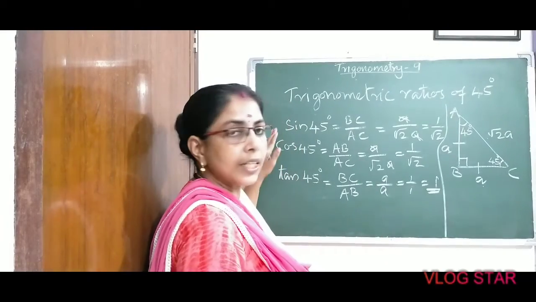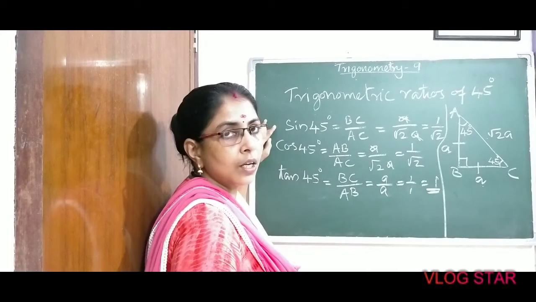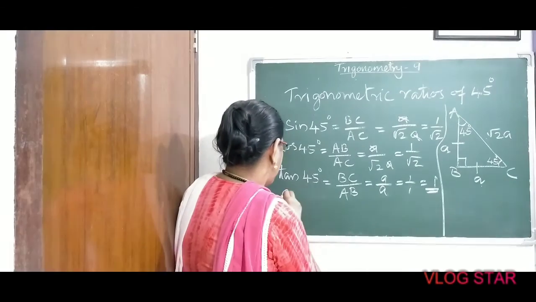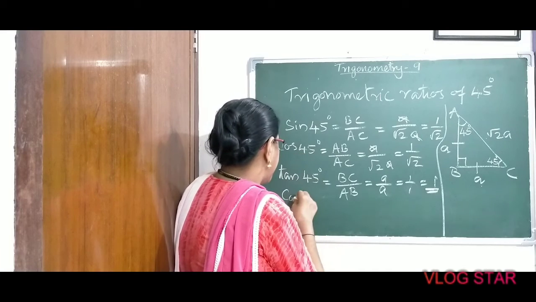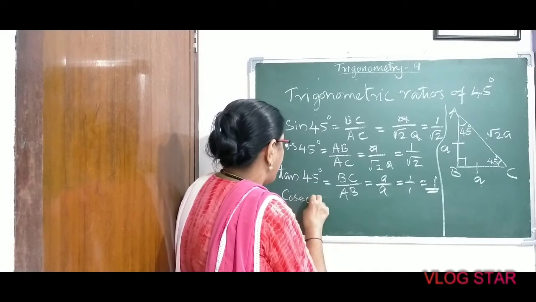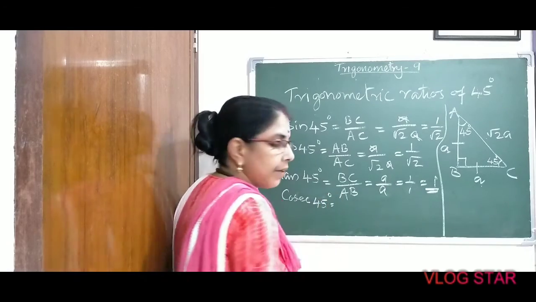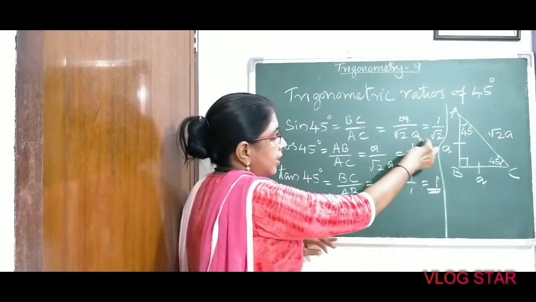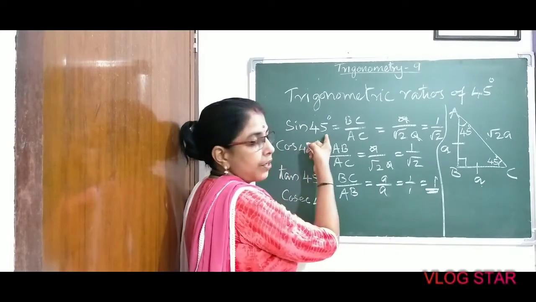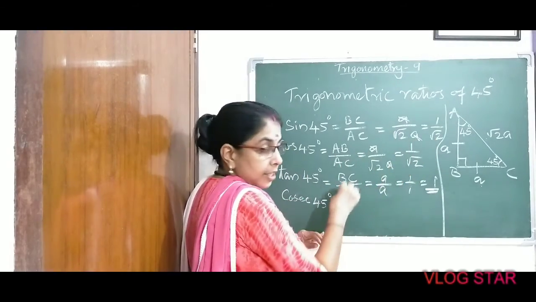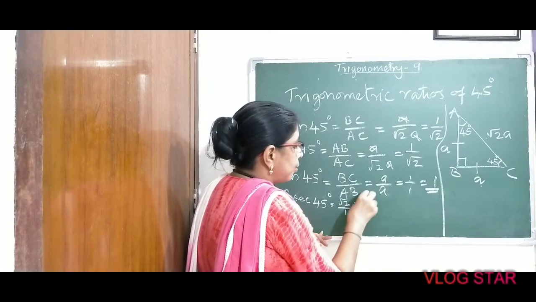Next, we have to find the reciprocals of these ratios. We know that the reciprocal of sine is cosec. Cosec 45 is equal to the reciprocal of sine 45, which is 1 by root 2. Therefore, its reciprocal is root 2 by 1, equal to root 2.